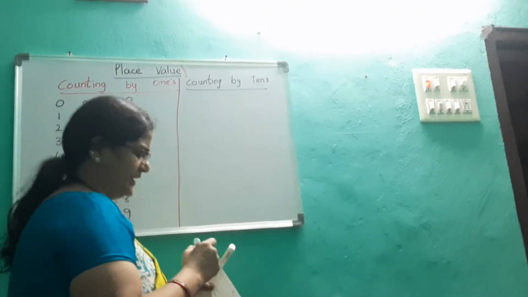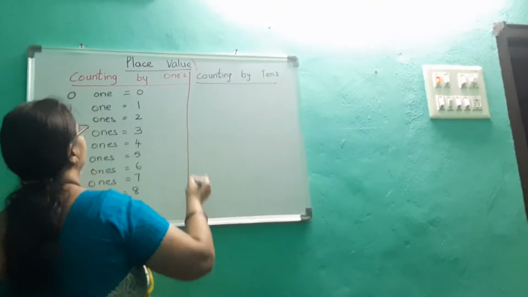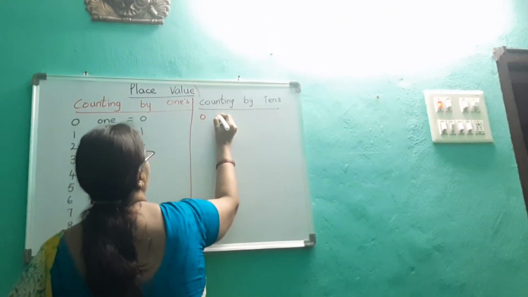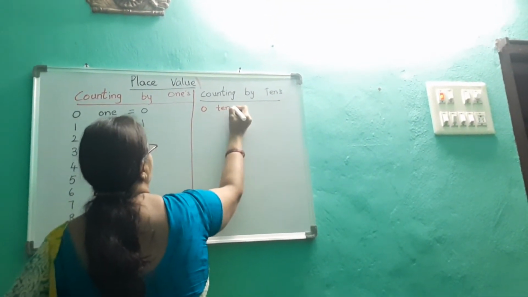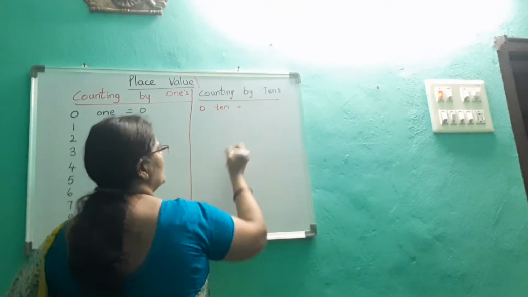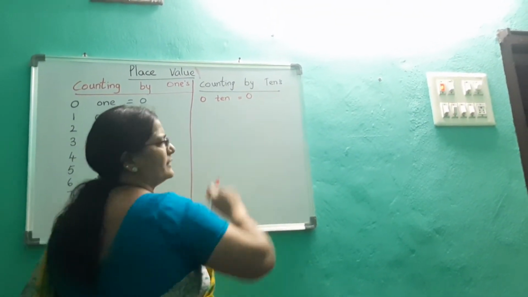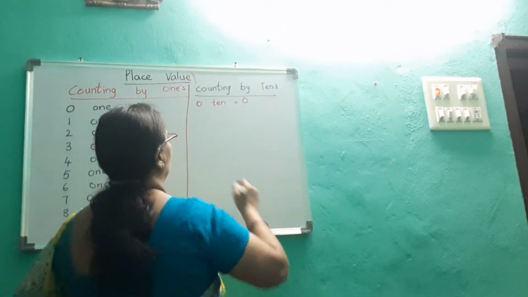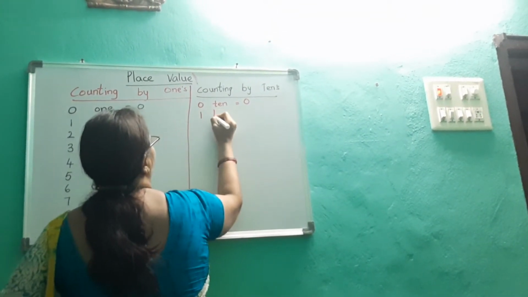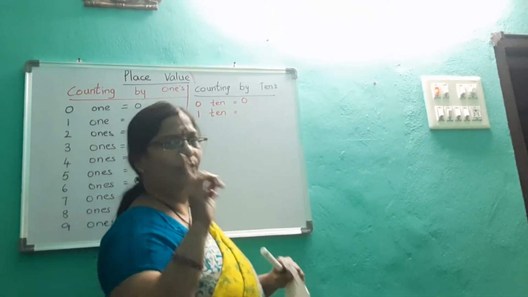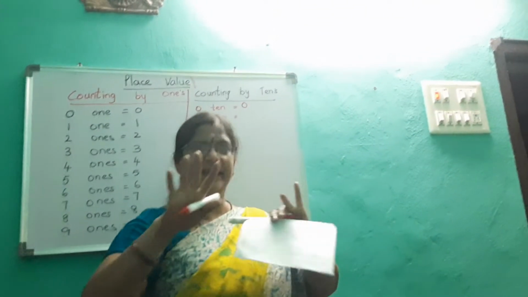Write that heading, children, and you write here 0 tens is equals to 0 only, no number, so same 0. Next, 1 ten is equals to 10 only.